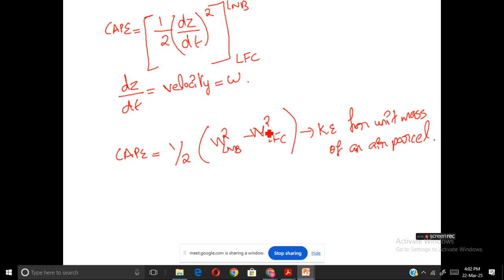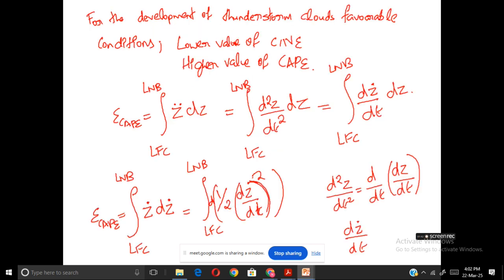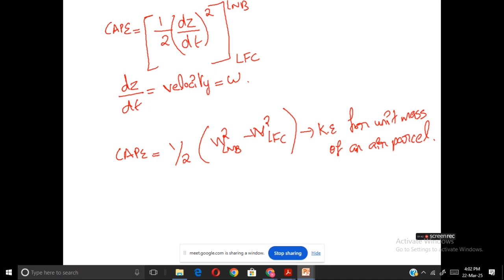This is CAPE in terms of vertical velocity. From the initial expression that CAPE is equal to the integral of vertical acceleration into dz, we derived the value of CAPE in terms of the vertical velocity.